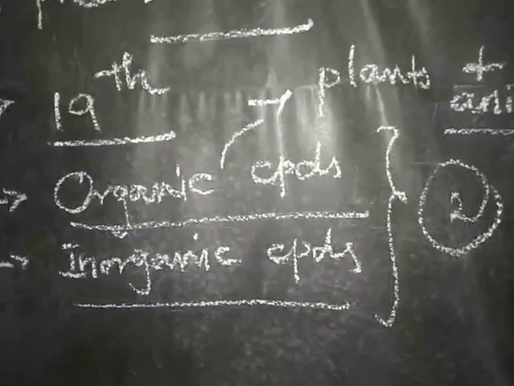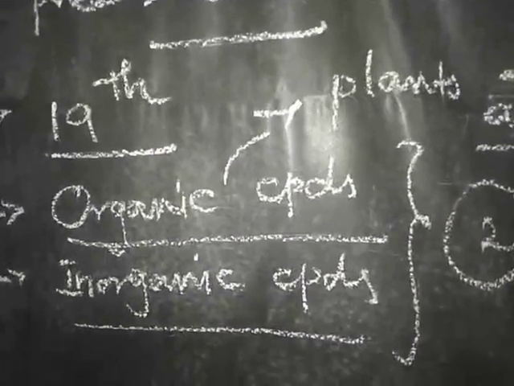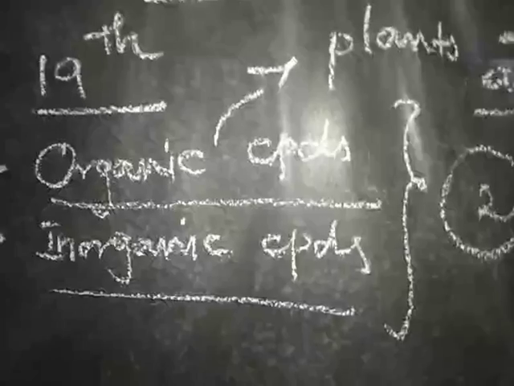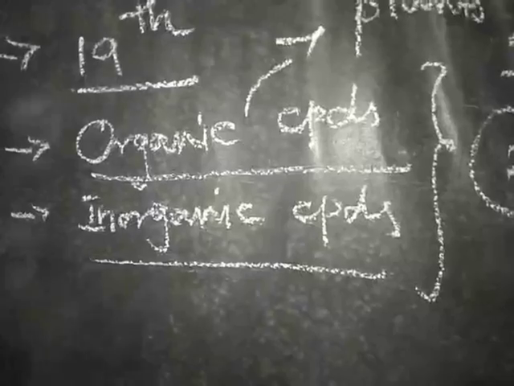For example, carbon monoxide, carbon dioxide, calcium carbonate. Examples of organic compounds: cellulose, ethanol, starch. Next, organic compounds of carbon and inorganic compounds of carbon.